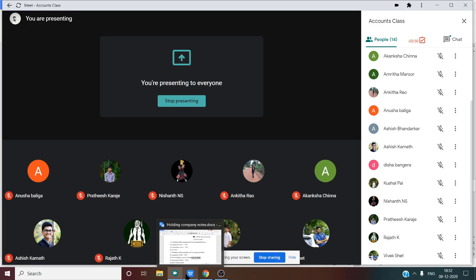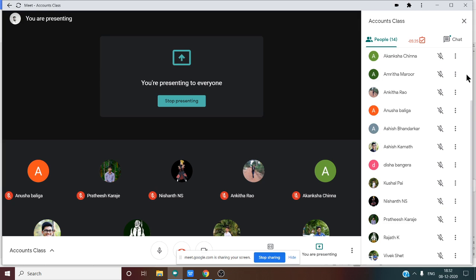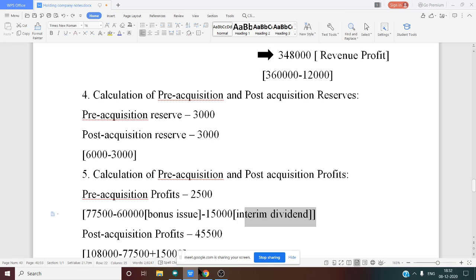So acquisition profit, the beginning of the year balance, we are taking, and what happens after that? That balance we are sharing among the shareholders after acquisition. So from one part you have to deduct that amount, interim dividend, and to the other part you have to add the amount. So both things you have to do. See this now, I will tell you.